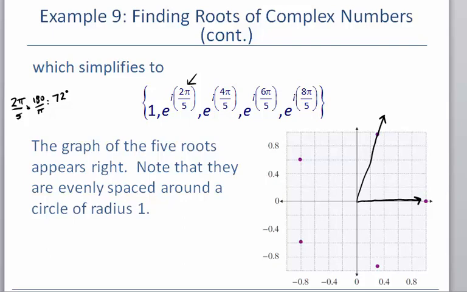Then remember that your magnitude, the distance from your 0, 0 point to the point that you're plotting, should be 1 for this particular problem. Remember that we calculated that magnitude to be 1. And so we'll go out a distance of 1 and place our point. You can do the same thing for all 5 of those points. All right, and you see that those points are evenly spaced around a circle of radius 1.